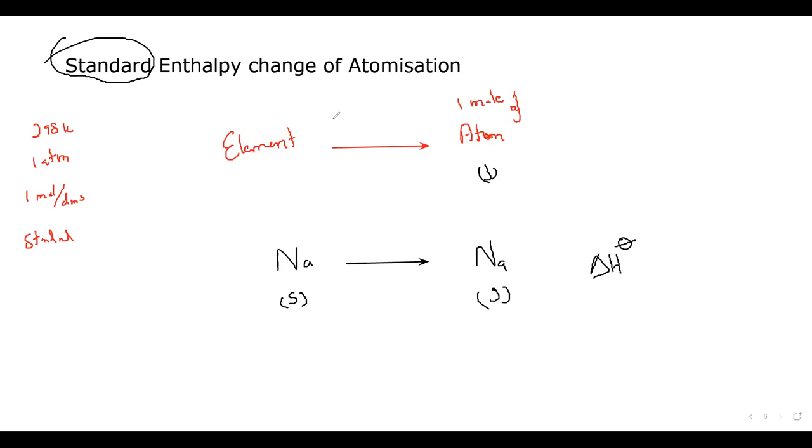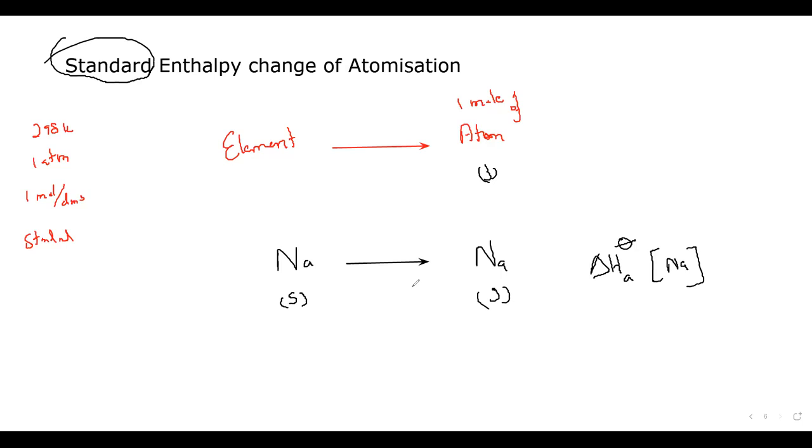Because it is atomization, we use the letter A. For formation we use letter F. For atomization we use letter A. And this is atomization of what? It is atomization of sodium, so we write Na. So when we produce sodium atoms under standard condition, we call that the standard enthalpy change of atomization of sodium.